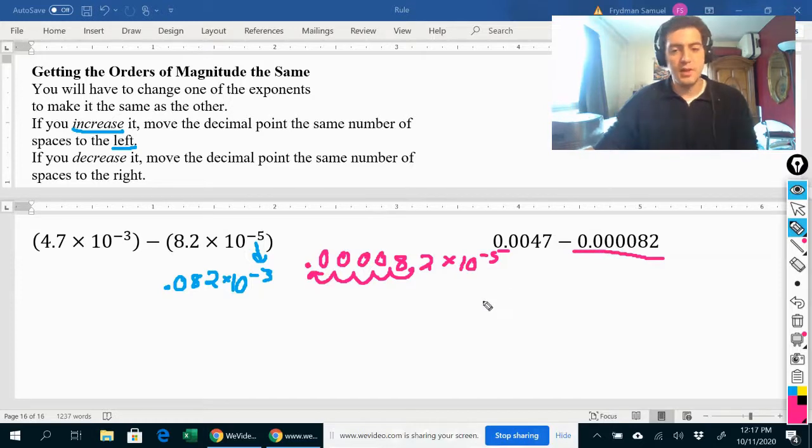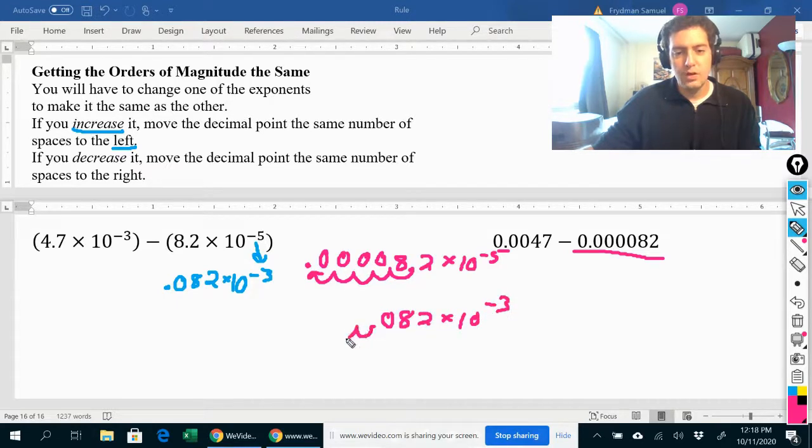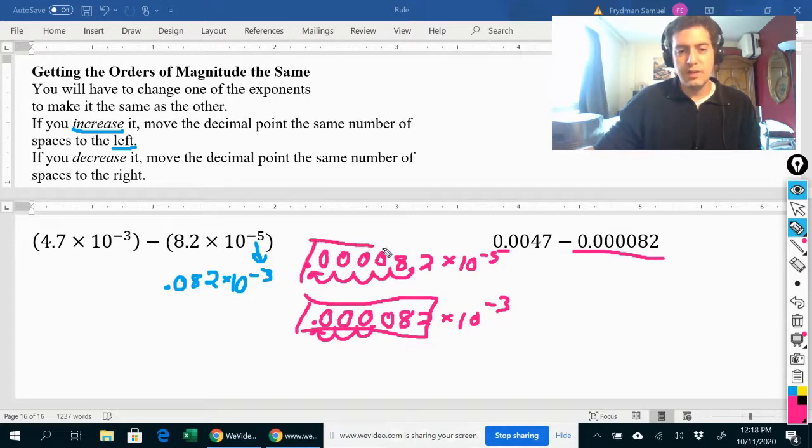So I already put it there in standard form. 0.82 times 10 to the -3rd. 1, 2, 3. We have 0.000082. That's the same. So in standard form, we already used this. Okay, so we get the exact same answer both times. So these two do actually have the same value.